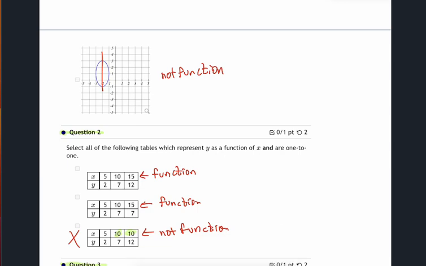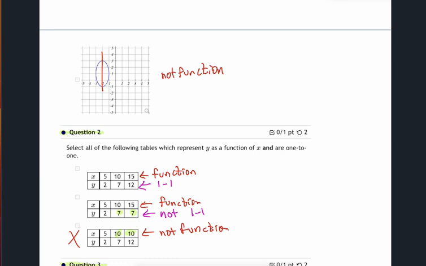Now let's go back to our tables and determine if any of these are one-to-one. One-to-one means that our x's and y's are paired up exactly once in both directions. So if you'll notice here, our y's are each uniquely distributed, and so that would be one-to-one. But because of the 7's here, it is not one-to-one.